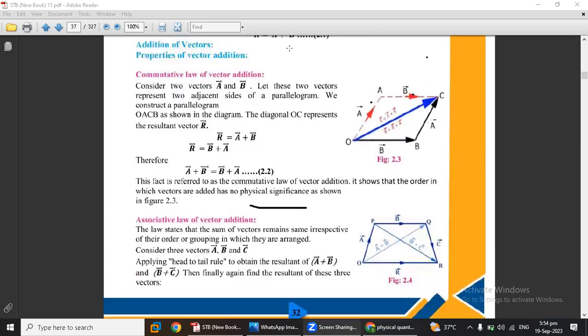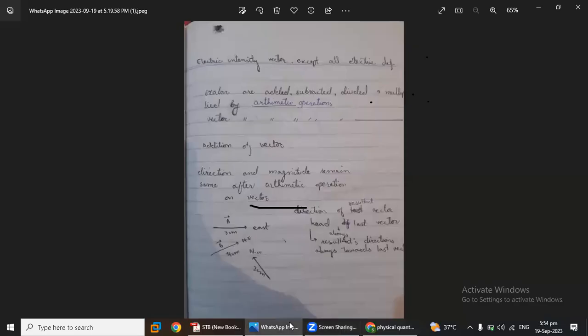One more thing that I want you people to know is that the addition of vector obeys commutative law. First of all, we should understand this.